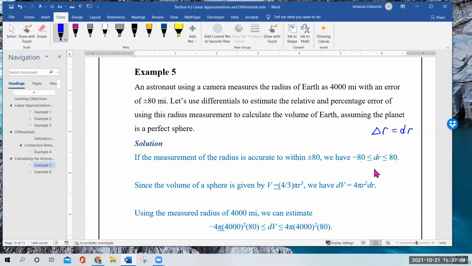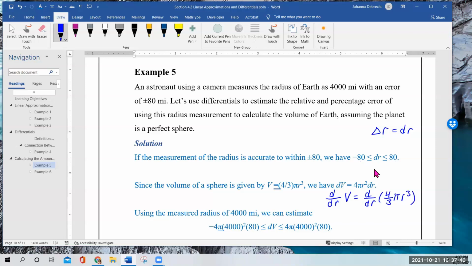Now the volume of a sphere is given by 4/3 pi r cubed. And then we can use implicit differentiation to write dv equals 4 pi r squared dr. Let's review how to do implicit differentiation again. Remember that we want to take the derivative with respect to r of the left side of the equation and the derivative with respect to r of the right side of the equation, 4/3 pi r cubed.